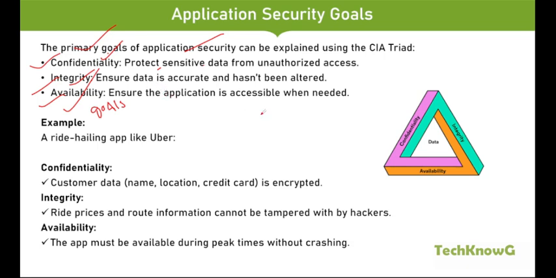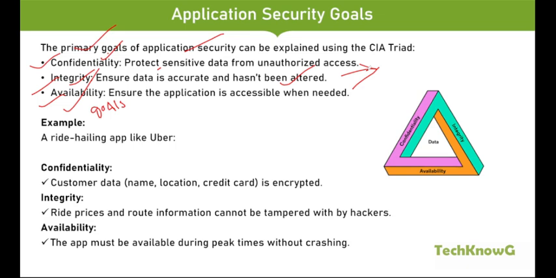Integrity means there should not be any modification done on the application by any other user. Ensure data is accurate and hasn't been altered. That is integrity. Then availability. Ensure the application is accessible to the users when needed. All these are related to the user only. User means customer, you can say. So customer and application, that's the relation.